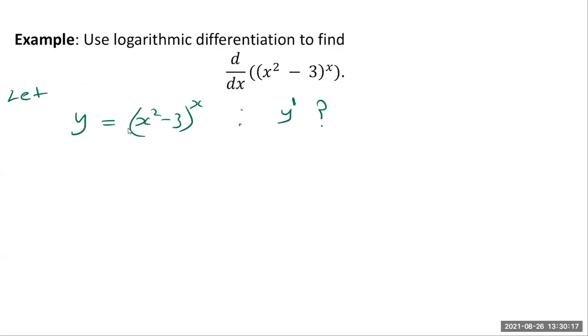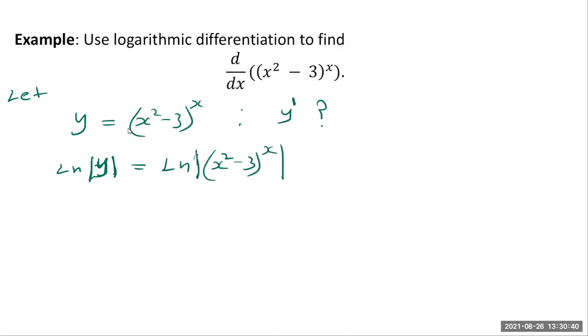So the trick is to take ln of both sides. Ln of absolute value of y, you usually put the absolute value to make sure that you have a positive number as an input for logarithm, equal to the logarithm of x squared minus 3 to the power x.